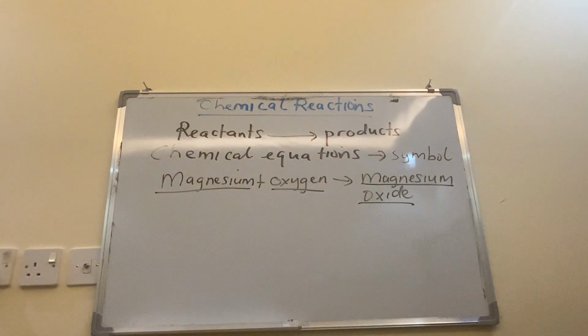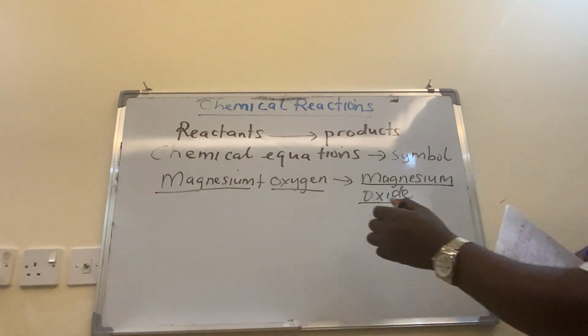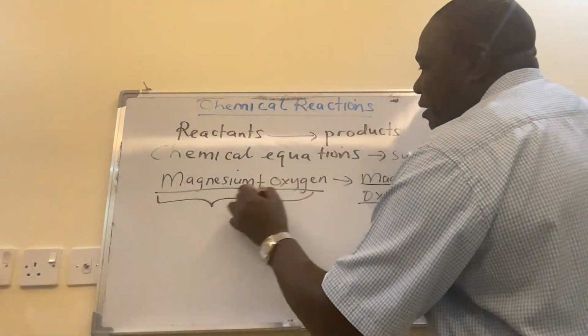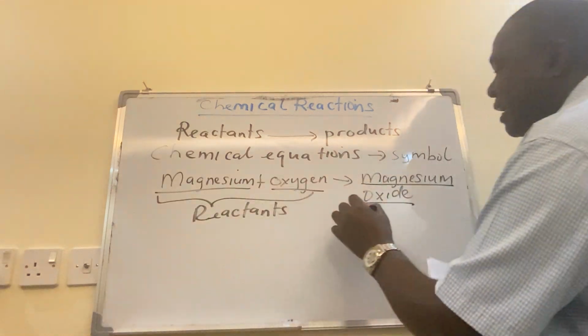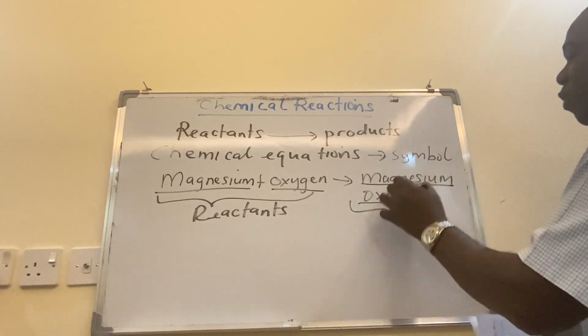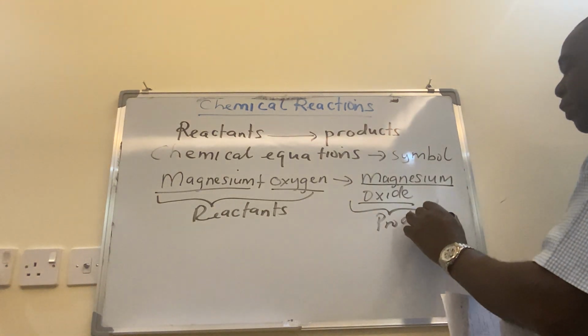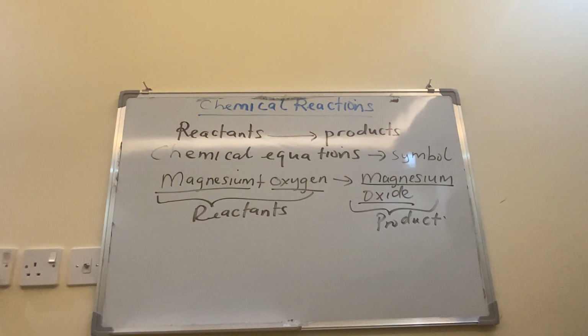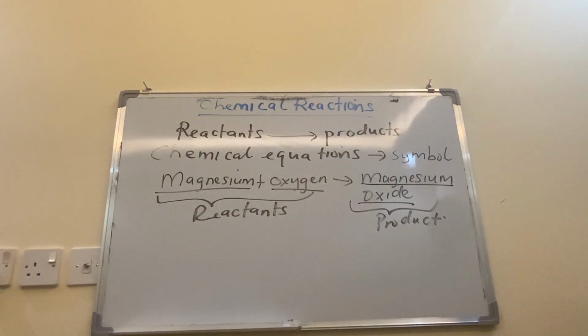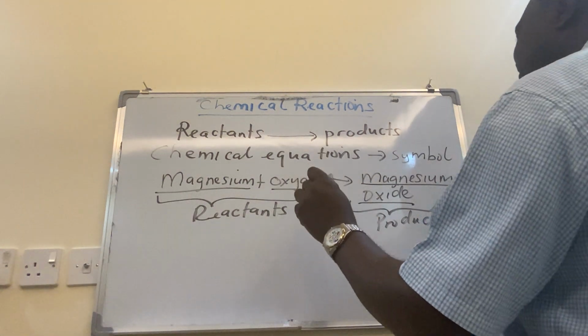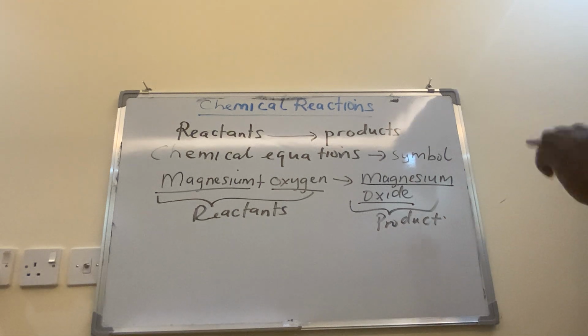Magnesium and oxygen are our reactants, and magnesium oxide is our product. On this side we're going to have reactants, and on the other side our products. But instead of writing magnesium in full and oxygen in full, we go to the periodic table and come up with symbols.